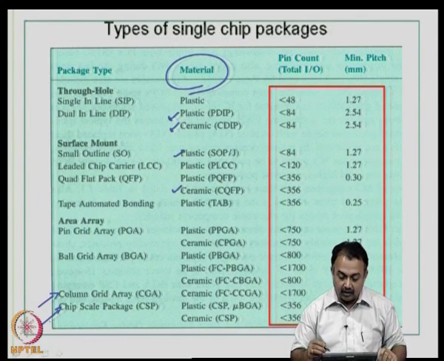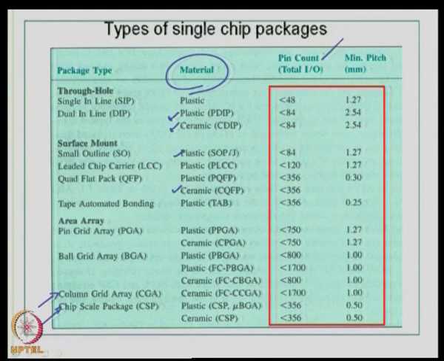So, the other two columns here will indicate to you the typical pin count or the total I/O that you can probably see available in the market today, and this also gives minimum pitch. So, you can see minimum pitch starts from 2.54 mm to something like 0.5 and lower than 0.5 today in terms of QFP, 0.3 and so on. 0.3 is also available in BGA for CSP formats today.